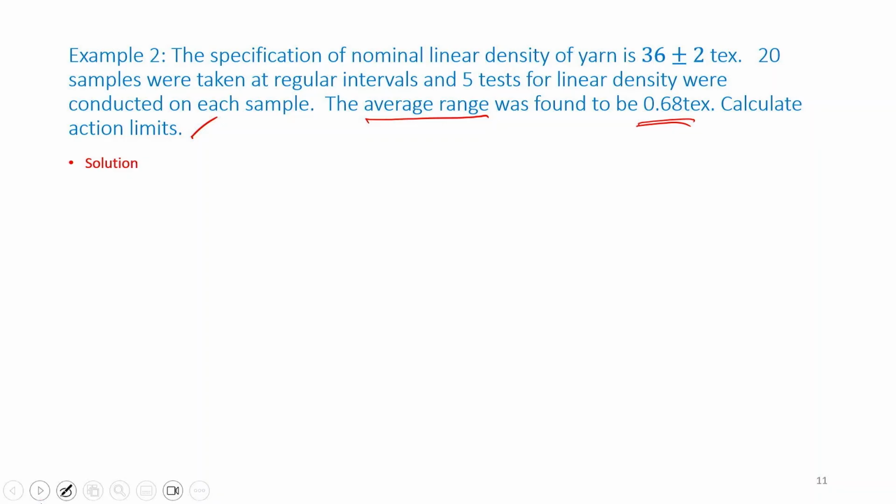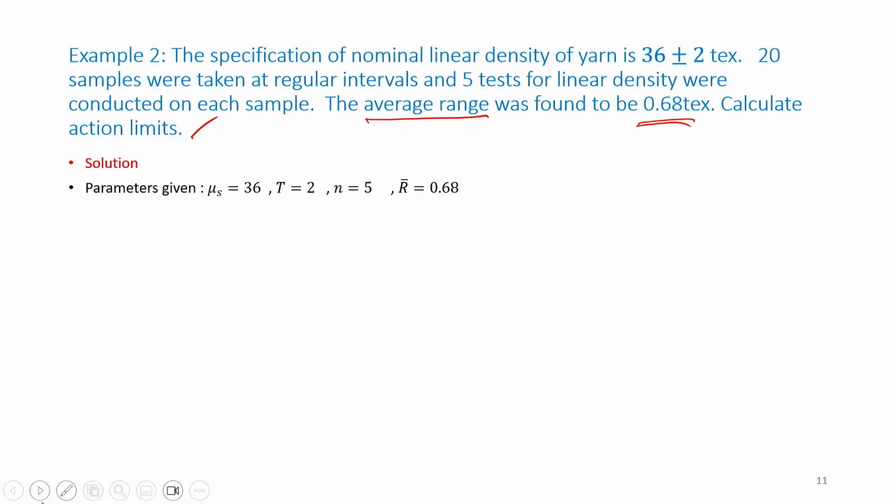The solution procedure. First, what will we write? What are the values which are given? First, you write the formula for the action limit, upper and lower. Now you see what values are given in the stated problem.